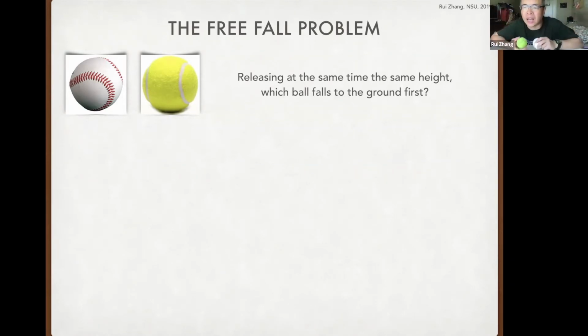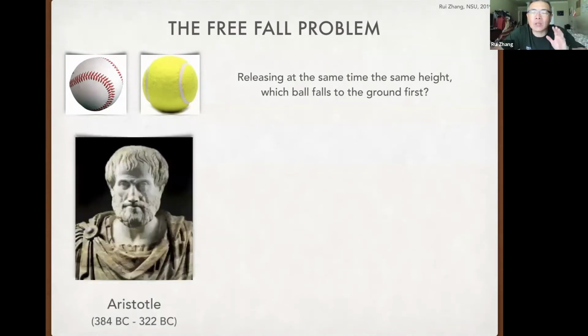Now you can do this easily at home. Take two things with similar size but different weight, and try to drop them from the same height. It turns out that if you do it really carefully, they will fall to the ground at the same time. But actually, this is not a trivial fact. For a long time, people thought that the heavy object would fall to the ground first.